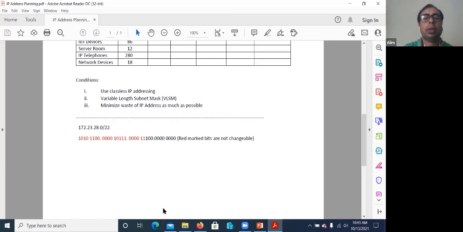The first 22 bits are fixed for the network, and the remaining 10 bits are for hosts. If we talk about the 10 bits for hosts, that means 2 to the power 10. Okay, number of hosts.